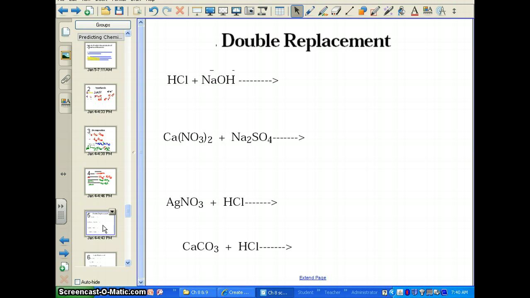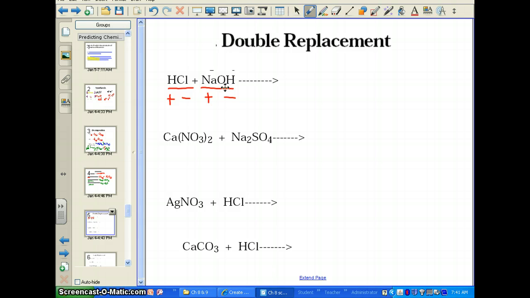Two more. Double displacement and single displacement. With a double displacement reaction, the best way to look at this is that you are going to have a reaction where you have two compounds. They're generally considered ionic compounds, or in this case an acid, where you have a positive ion and a negative ion in one compound, and a positive ion and a negative ion in another compound, and they're going to trade partners.